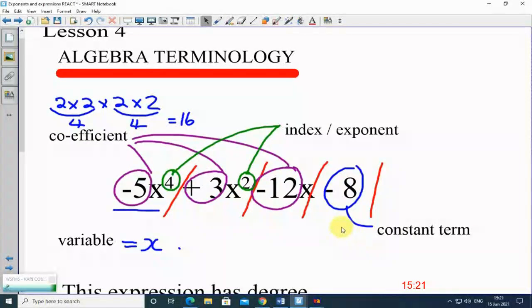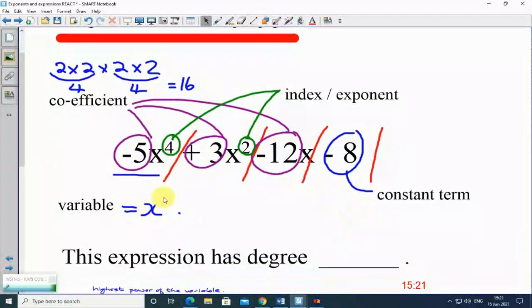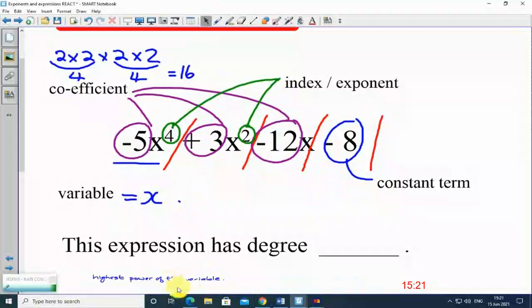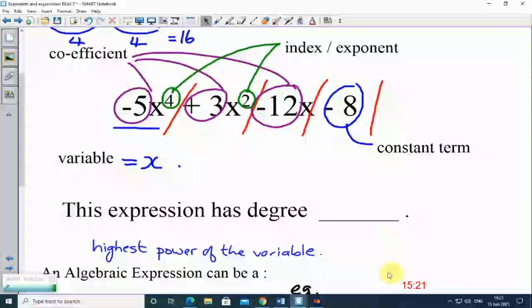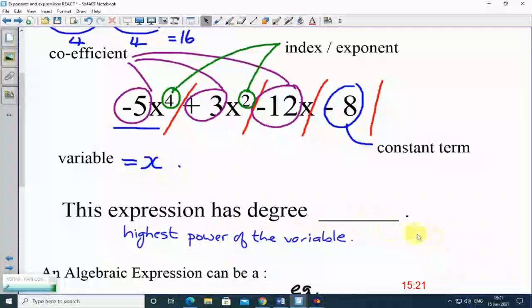And so because of that, we're interested in what is the power of the first term, of the highest term. What is that power? And we give that a very special name. So the highest power of the variable, we give the word degree to.